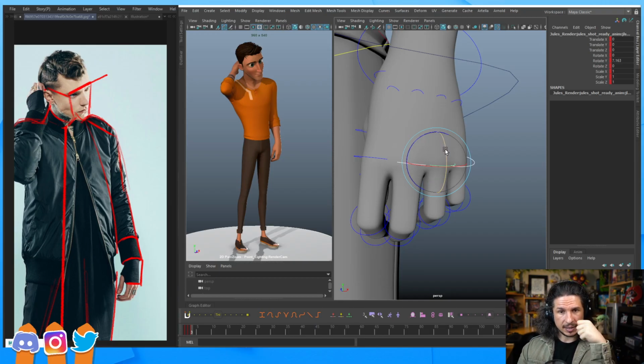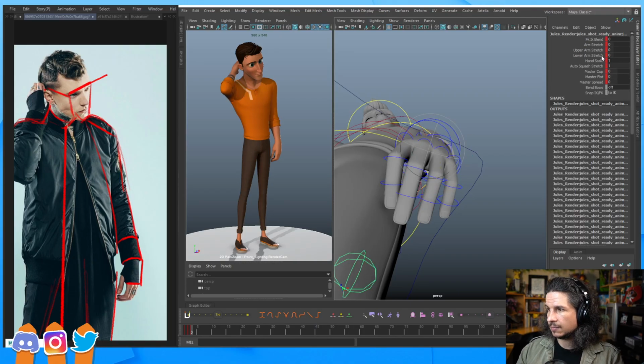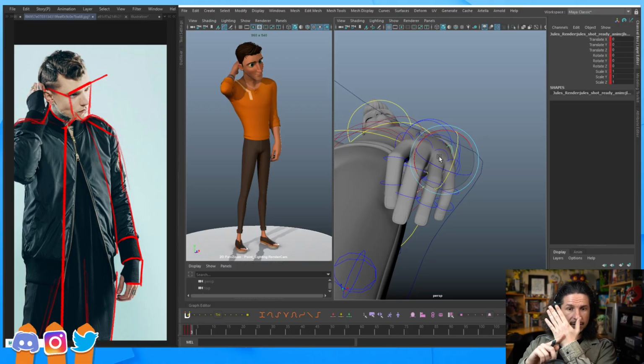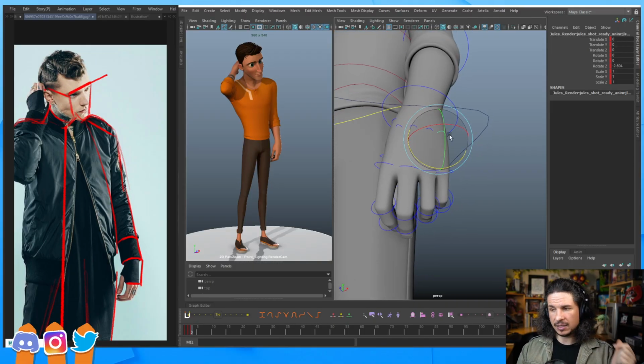Now, if I wanted to polish this up a little bit more, keep in mind that the knuckles bend as well. So there's a curvature to the knuckles. If I look at this, they're a little too straight. So I'm going to use the cup control to add just a little bit more curve into those knuckles there. And then I can use the metacarpal controls, that's the controls down here, to bring the fingers just a little closer and tighten up the gap between the fingers.